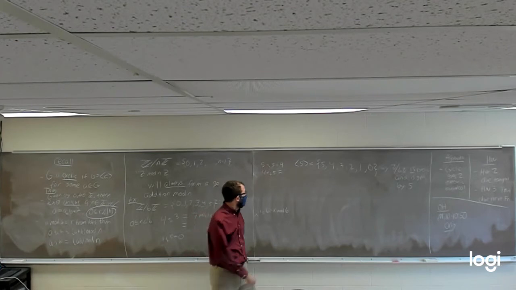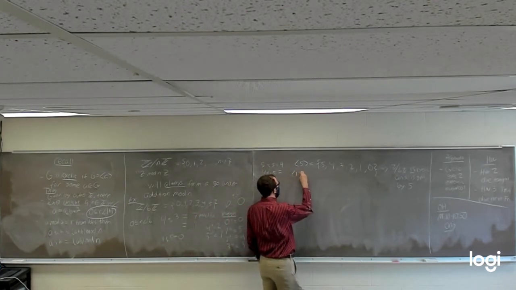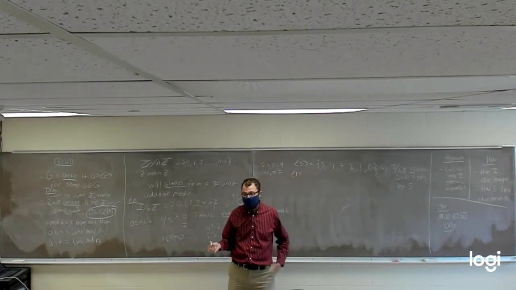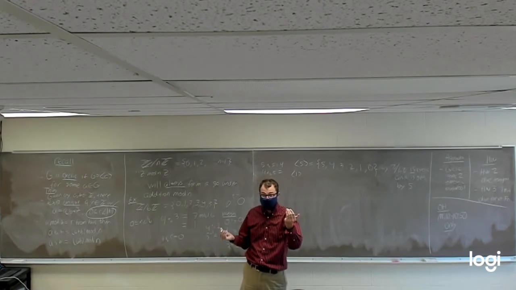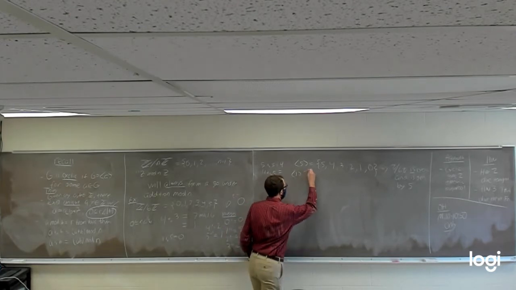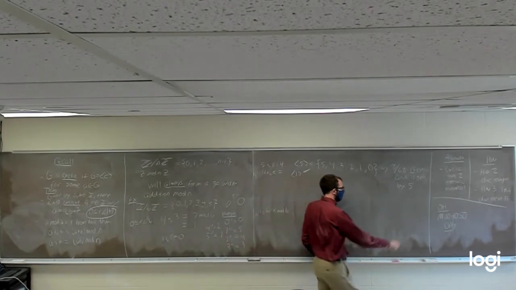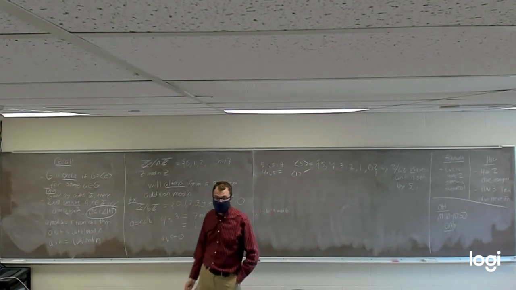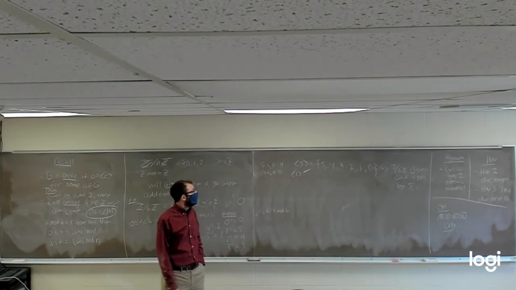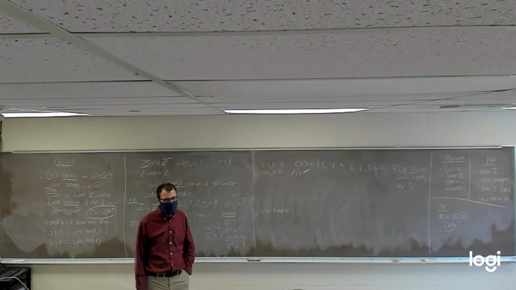One. Let's see, if we added 1 to itself, we would get 1 plus 1 mod 6 is 2, plus 1 again is 3, plus 1 again is 4, plus 1 again is 5, plus 1 again is 0. 1 will be another generator to our group. So the group generated by 1 is the same as the group generated by 5.